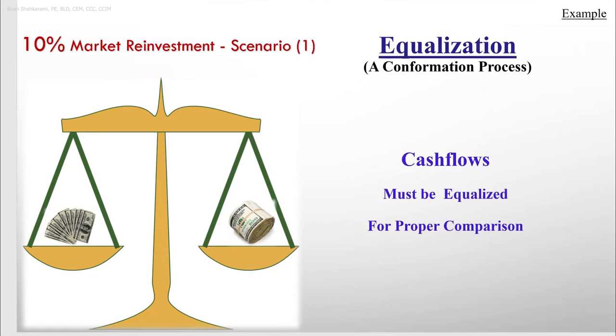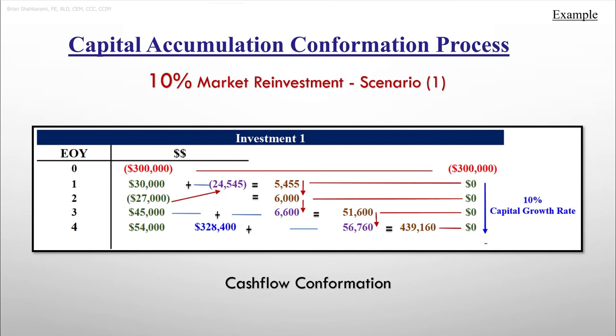As before, we'll start by equalizing the cash flows and conforming it to the form that we want. We do the same thing we did under a 9% market reinvestment rate, and lo and behold, our accumulated capital at the end of year 4 is $439,160. And our capital rate of growth is 10%.